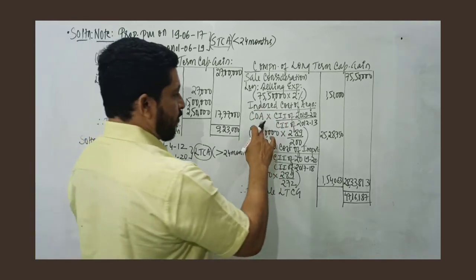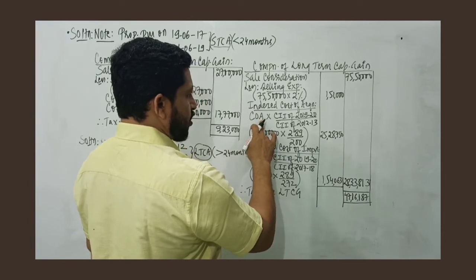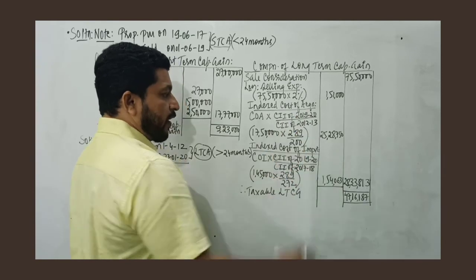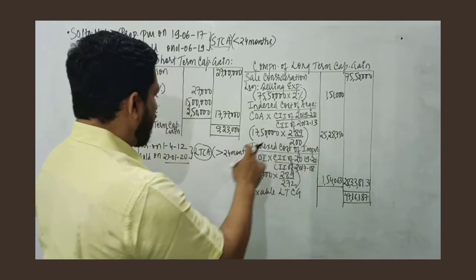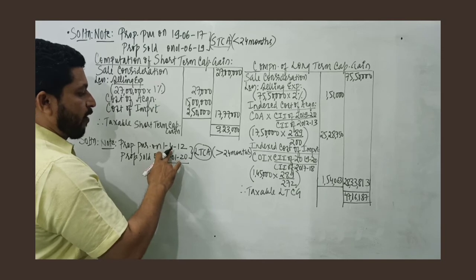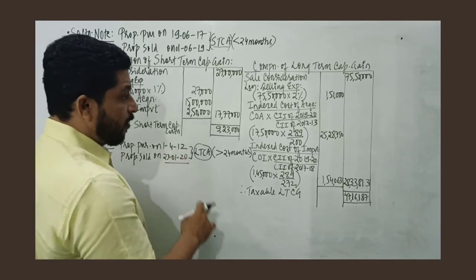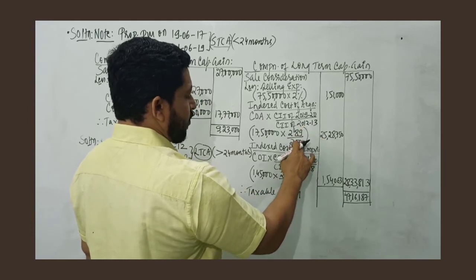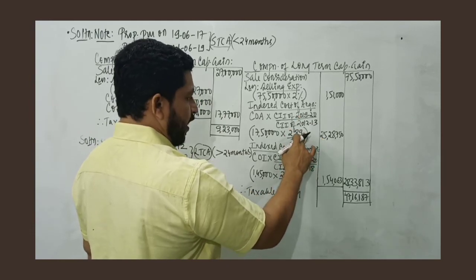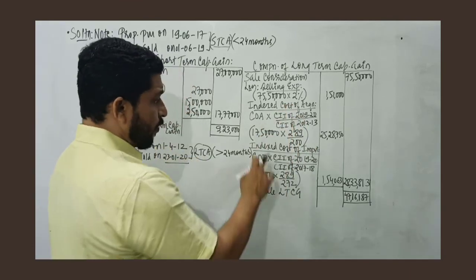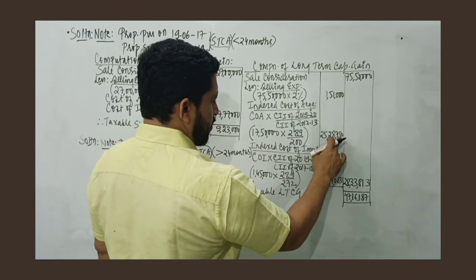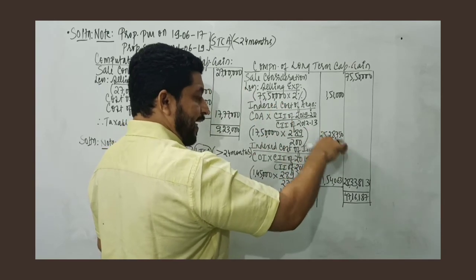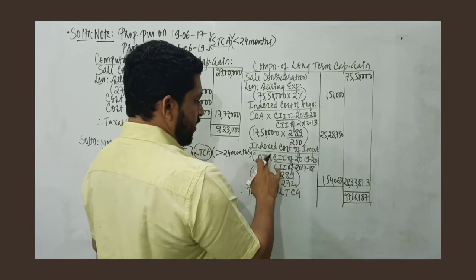We take cost of acquisition into CII, cost inflation index of the year of transfer, divided by cost inflation index of the year in which the property was acquired. The property was acquired on 1st of April 12, so this is previous year 12-13, and the CII for 12-13 is 200. CII of 1920 is 289. When we calculate, we get 25,28,750. The idea of indexation is to bring this value to its current price by using the CII.